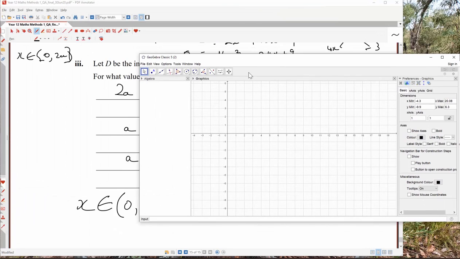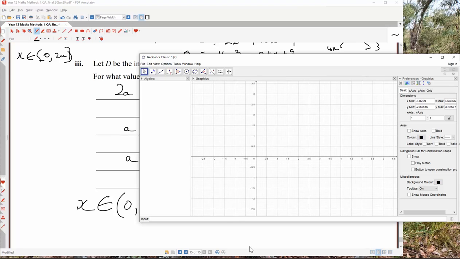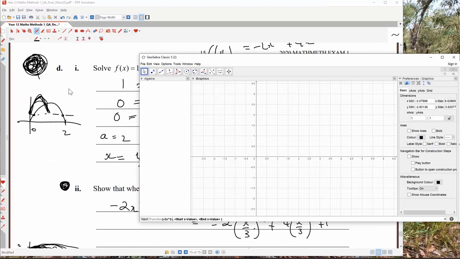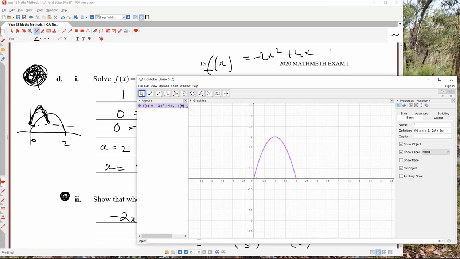So it's probably best we look at that and see how it works. Our first function was negative 2x squared plus 4x, between 0 and 2. Yeah, that looks good.